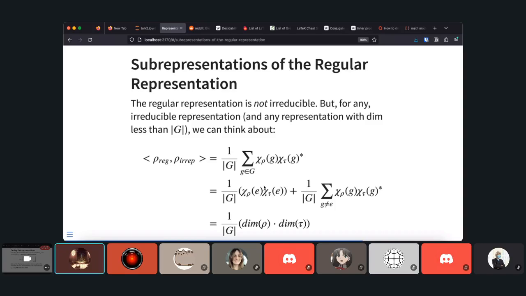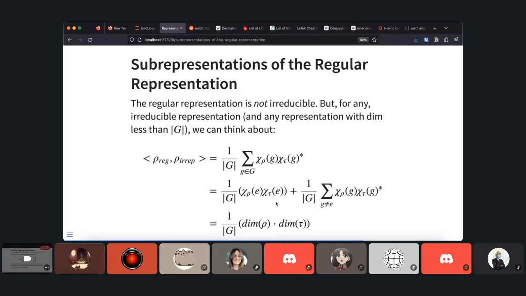What I drew your attention to and asked if you all believed is that we can split this up: we just bring out the character for the identity and then sum over all the rest of them.